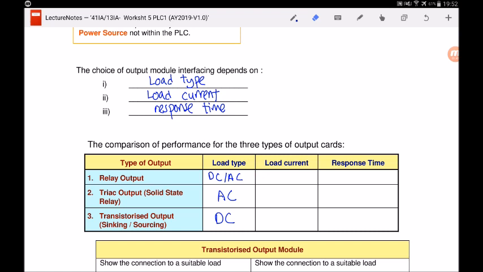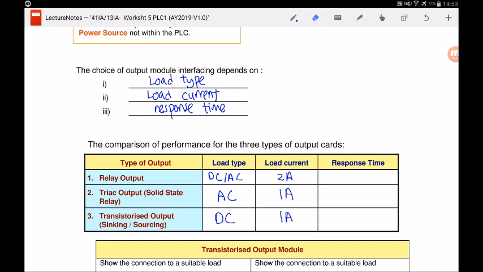Another factor that you may want to consider is also the load current. Sometimes the load that you connect to the PLC requires higher current. If you need higher current, a relay output will typically support up to 2 amperes, while transistorized will be 1 ampere, and triad will also be 1 ampere.